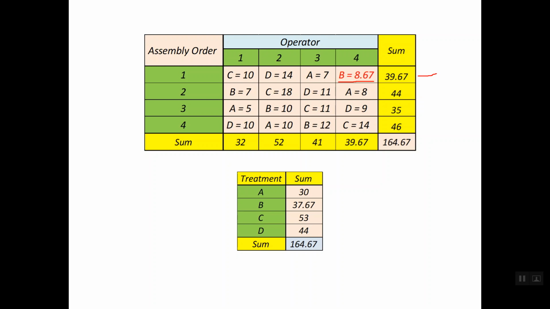It will increase by the amount of 8.67. And also the total observation for column 4 will increase by the same amount. And finally, the total of all the observations will also increase by the same amount. And again, regarding the observations for treatment B, it will increase by 8.67, as we see in the table below.